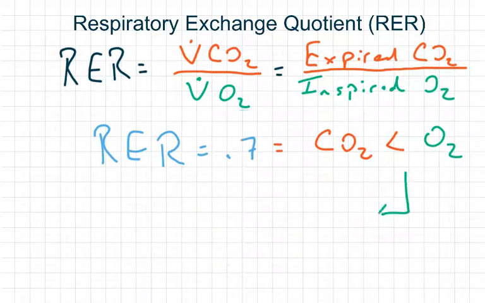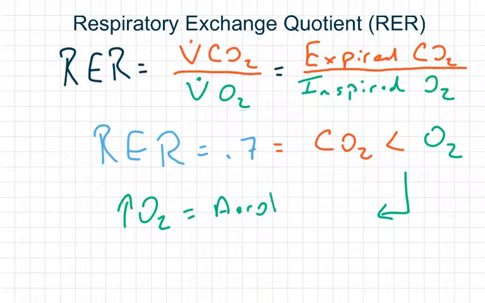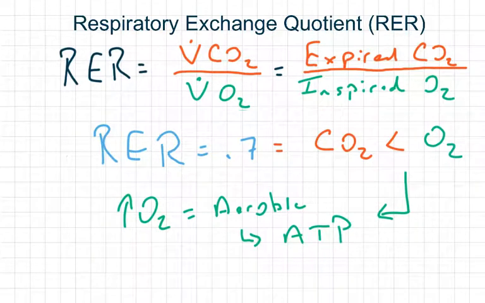And so what this means is the primary pathway when we see increased oxygen is aerobic, or oxidative phosphorylation, to create ATP. And what is the fuel source that we discussed in previous videos that gives us a lot of ATP?